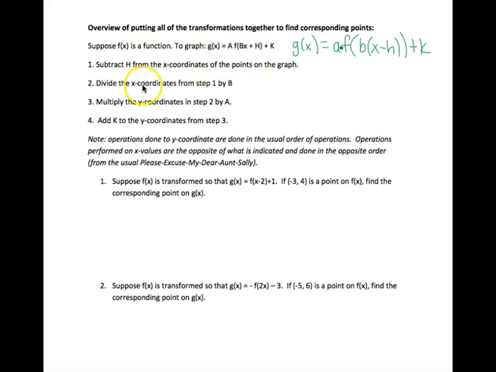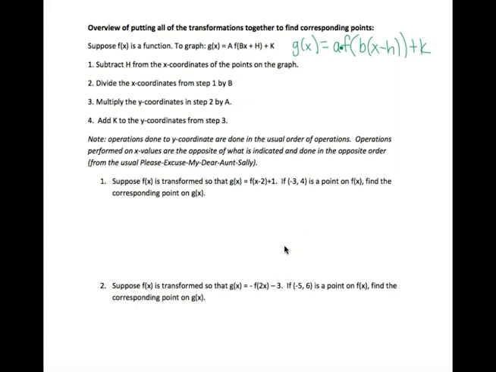Then divide the x coordinates by whatever b is. Then multiply the y coordinates by a, and then finally add k to the y coordinates. So these are kind of point-to-point transformations as opposed to a transformation thinking of the entirety of the parent graph.